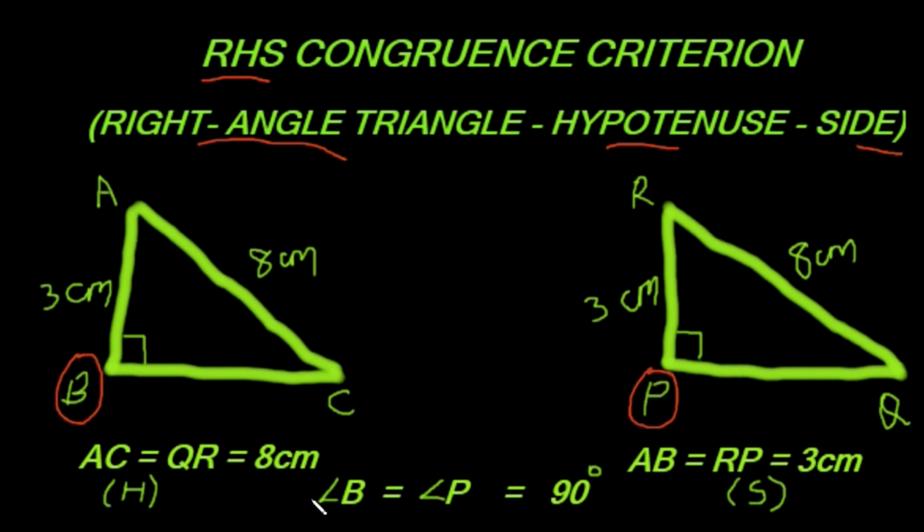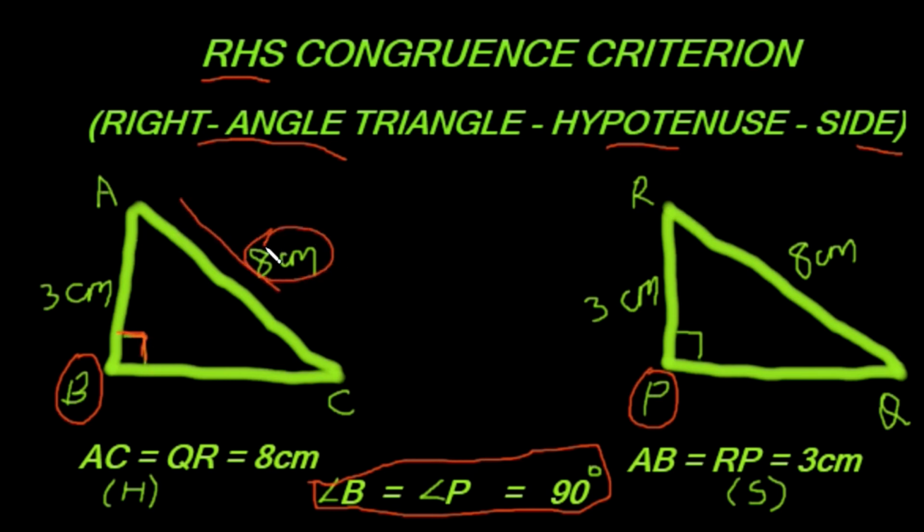That is, they are exactly equal to 90 degrees. Now moving on to hypotenuse, the right angle triangle. Okay, so the opposite side to the 90 degree, it is called as hypotenuse. What is the opposite side for this 90 degree? Yes, AC. So this is 8 centimeters, and in this case RPQ, this is the opposite side, that is RQ, 8 centimeters.